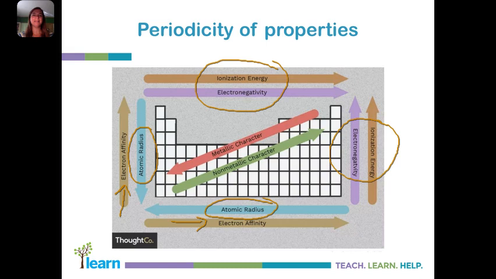There are other characteristics such as metallic and non-metallic character that make sense that they would be positioned as such, knowing that the metals are mostly located on the left while the non-metals are located on the right of the periodic table.